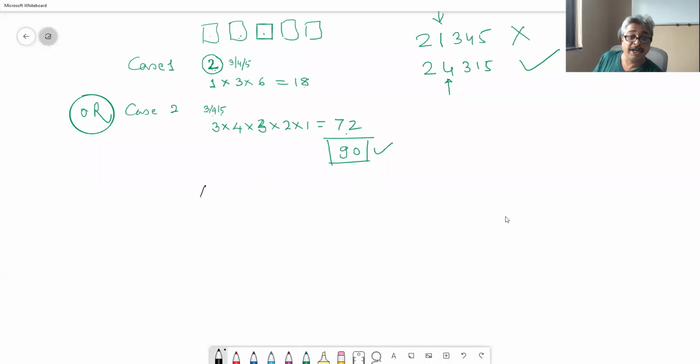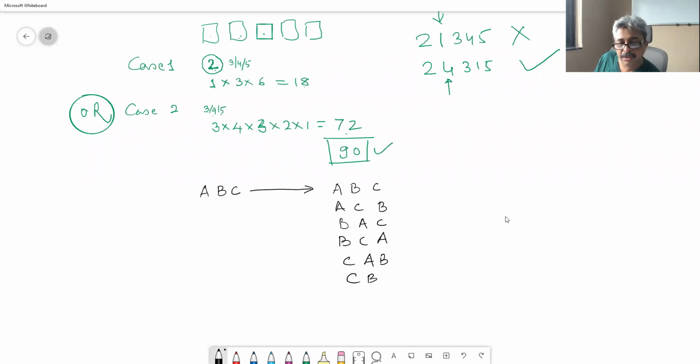I can create 6 words using these 3: ABC, ACB, BAC, BCA, CAB, CBA. We need not list them, but I am deliberately listing them right now.